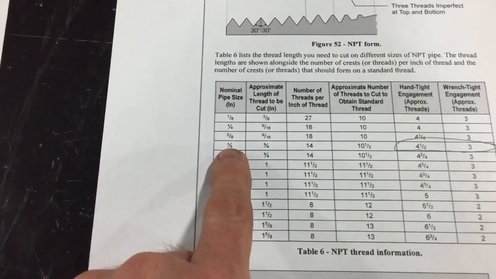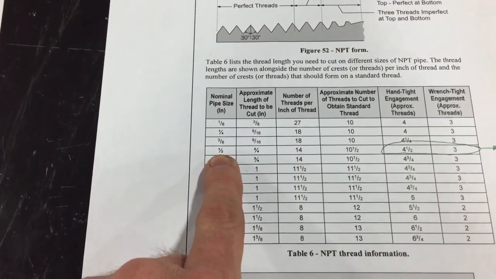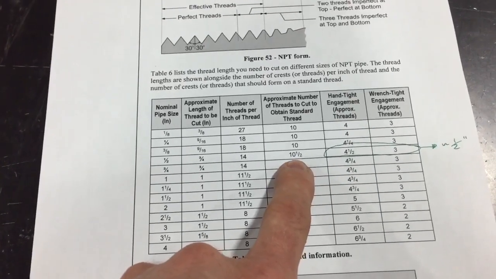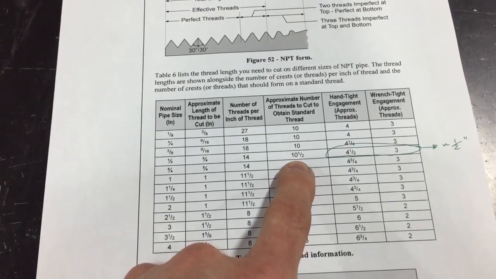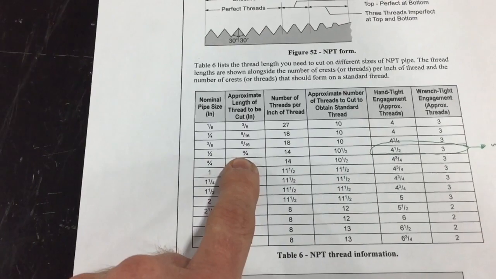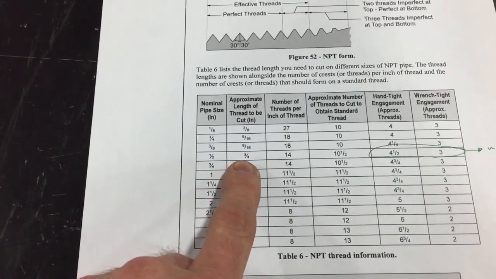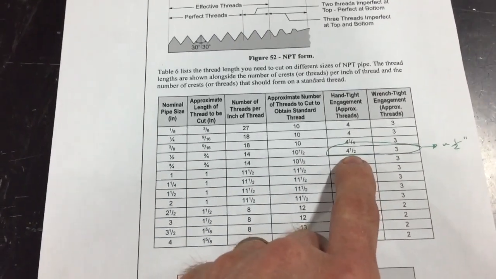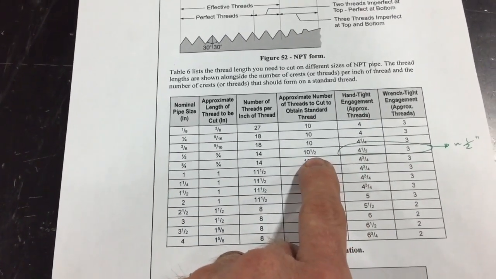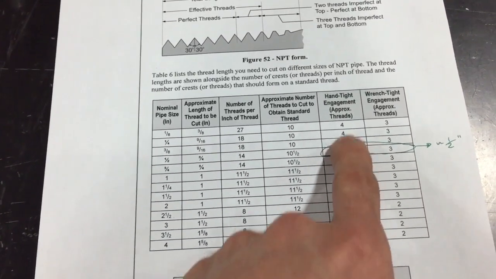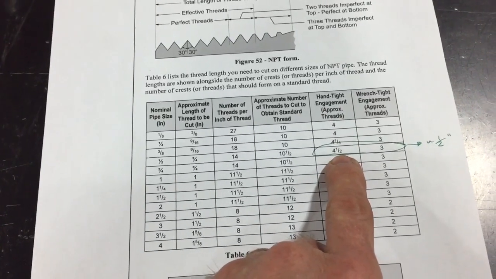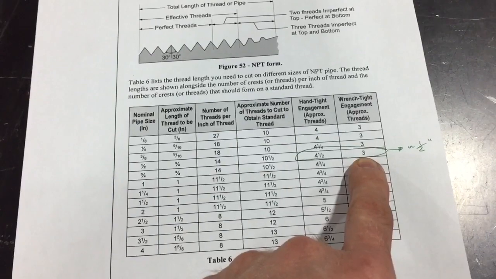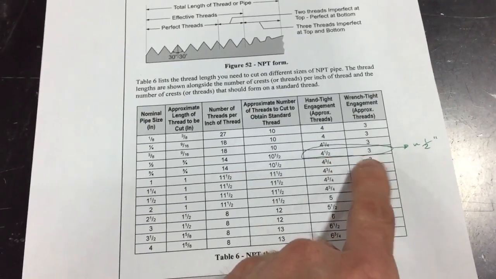We're looking here on our chart, the nominal pipe size 1/2 inch, and we go over. We need to make 10.5 threads, and the approximate length of those 10.5 threads is going to be 3/4 of an inch. Knowing that we need 10.5 threads, with hand tight we should be able to engage 4.5 threads, and we're going to be using a pipe wrench to engage the remaining 3, so that's 7.5 threads.